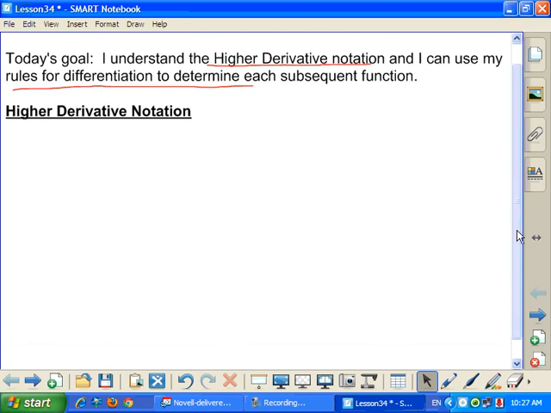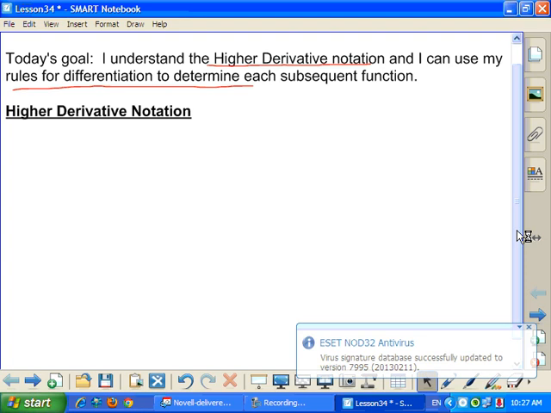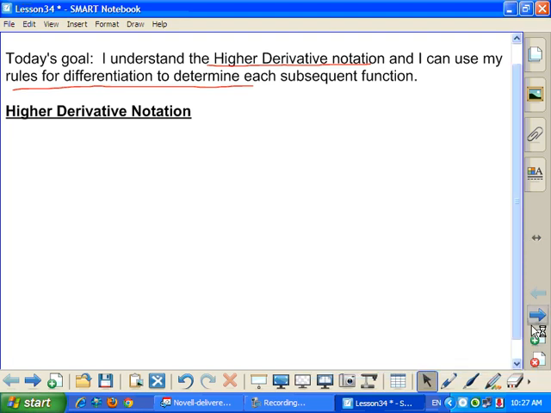Now what do higher derivatives mean? It simply means, in terms of what we're working on here, a derivative beyond the first.